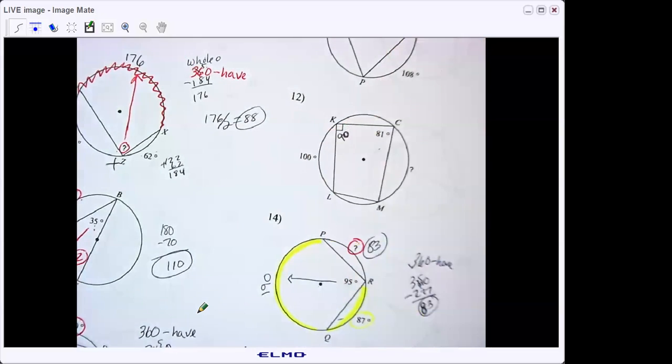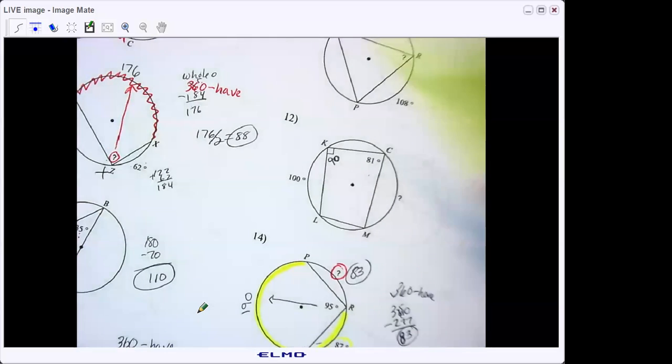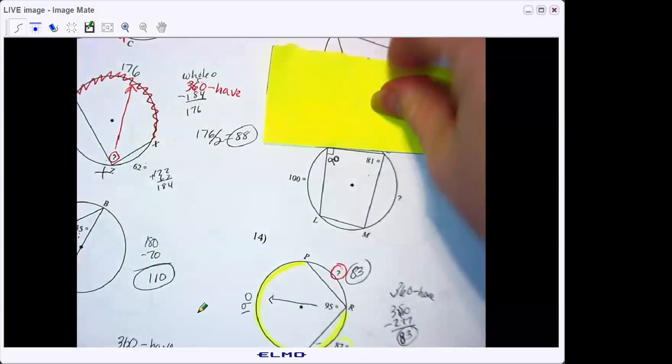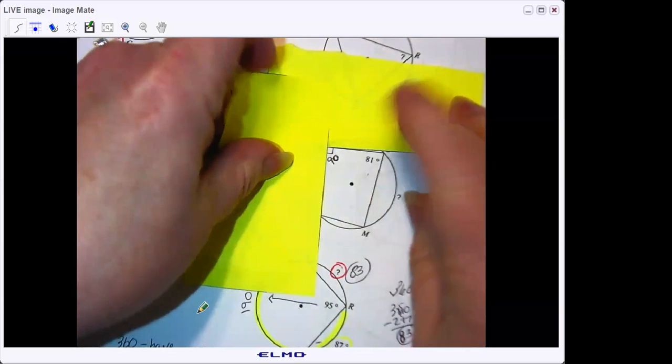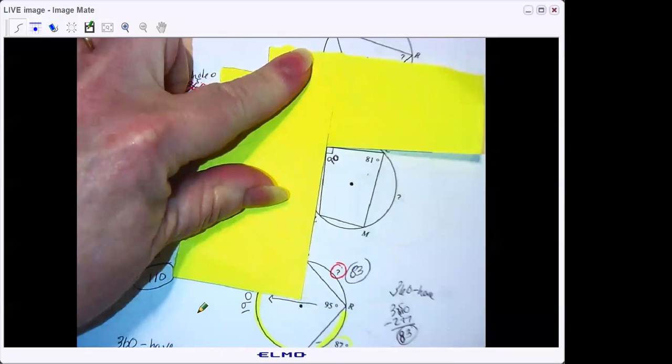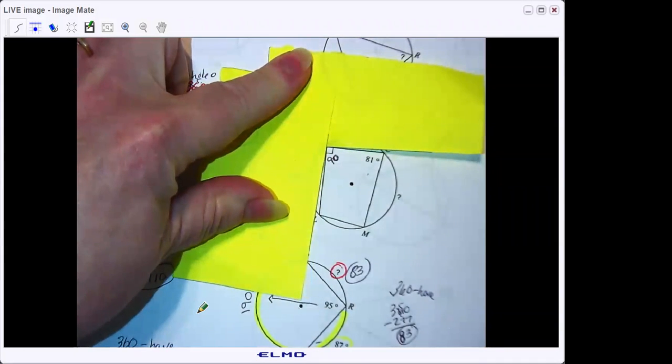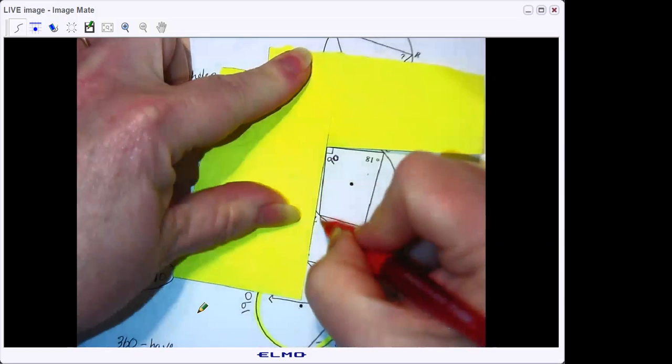Now this is where it gets kind of tricky, and this is where especially these little papers come in handy. Okay, so remember, this is my information and its intercepted arc is over here.